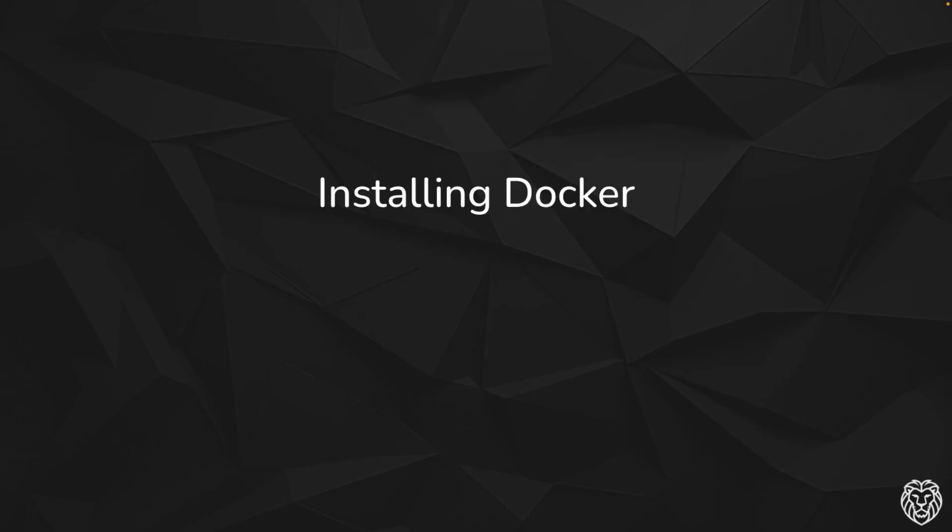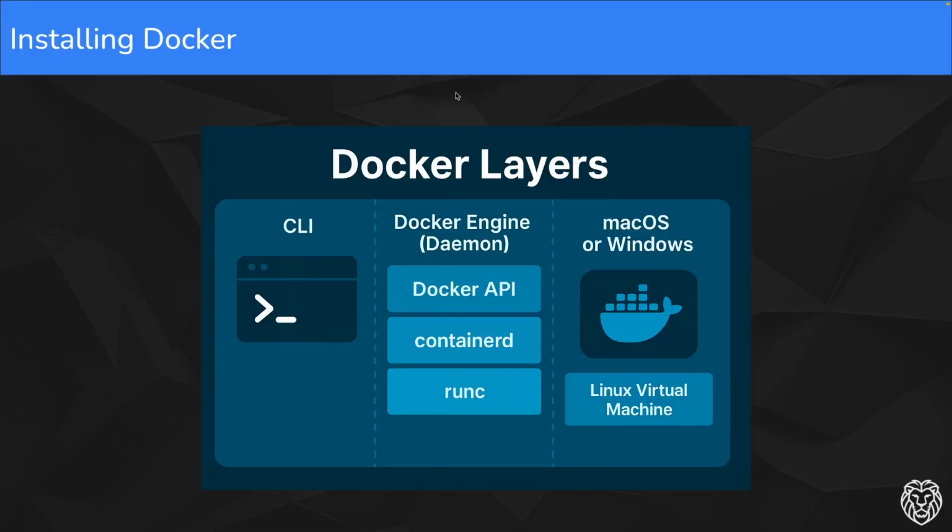Let's see how to install Docker. Whenever you install the Docker environment, you are not just installing one simple thing, but a whole environment based on several different tools that Docker is going to use depending on the situation. The backbone and the building block of Docker is based on a Linux virtual machine that Docker is always using whenever you are running on macOS or Windows.